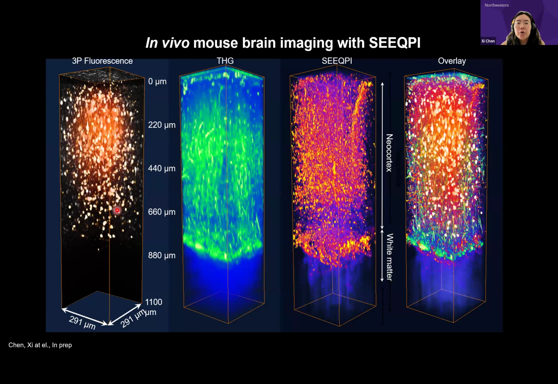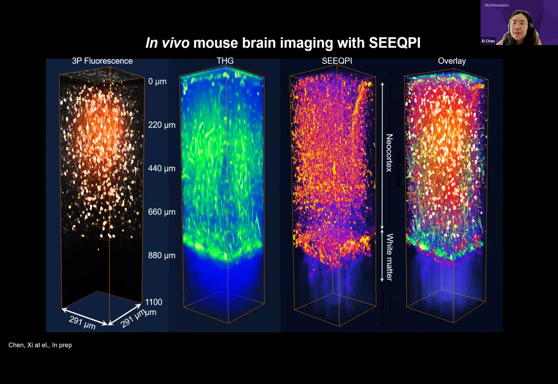For the fluorescence signal, the virus injection targets the nucleus of a certain group of inhibitory neurons. So it's not all the neurons, it's some of the inhibitory neurons in the mouse brain. So we can see all the nuclei up to a little bit into the white matter region, because there are not many cell bodies in the white matter region. And this is a THG signal that will give you some of the axons and also the capillaries and other boundaries of the cells.